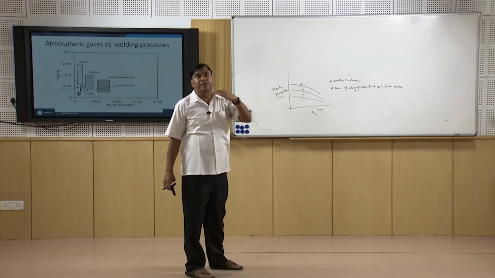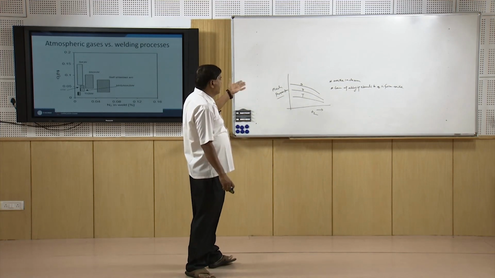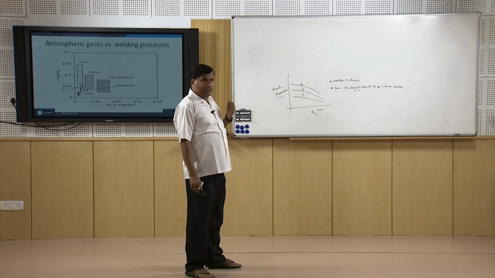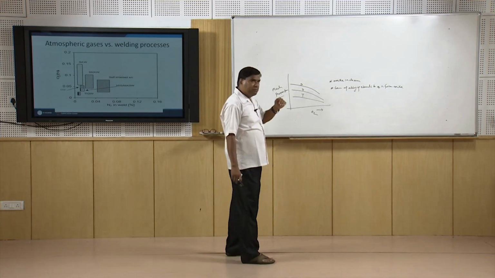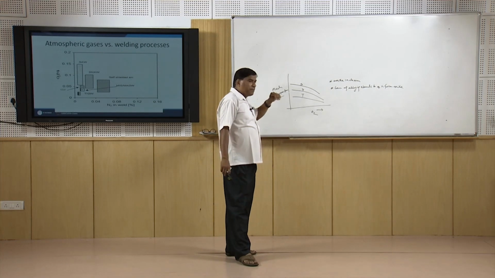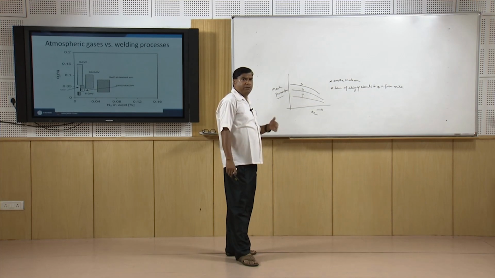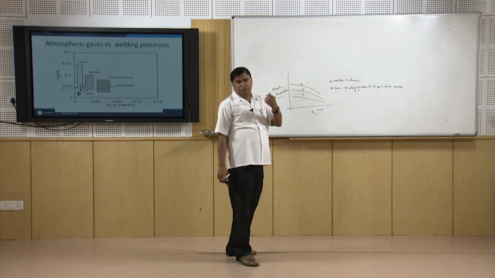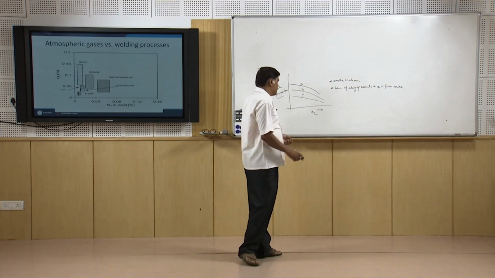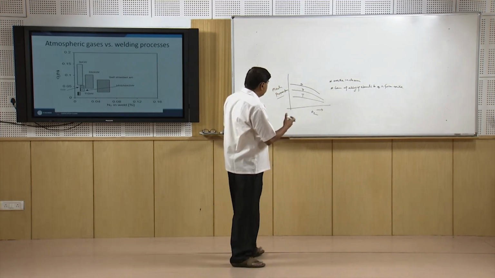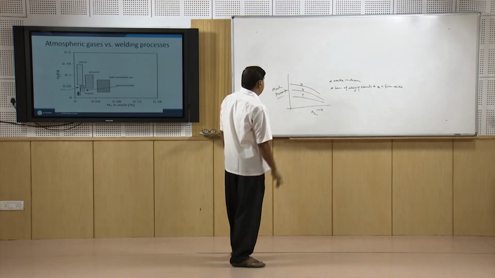Inclusions effectively reduce the load resisting cross sectional area in the weld joint, and that is why in general all the properties of the steels mainly decrease, while in some of the cases increasing presence of the oxygen in the weld metal promotes the acicular ferrite, and which in turn promotes the toughness of the weld joints.